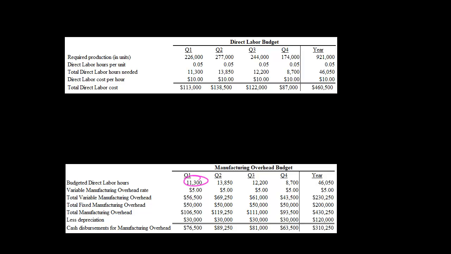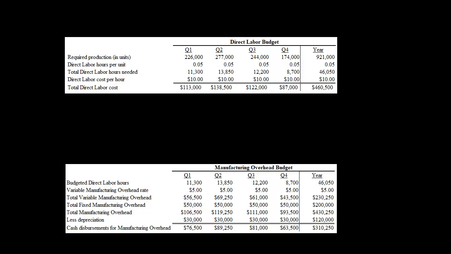And so 11,300 times $5 is $56,500. That is the total amount of variable manufacturing overhead for quarter one. Now, fixed manufacturing overhead, let's just say that is $50,000 every single quarter. So for quarter one, the total manufacturing overhead, variable plus fixed, is $106,500. That's just the $56,500 plus the $50,000.